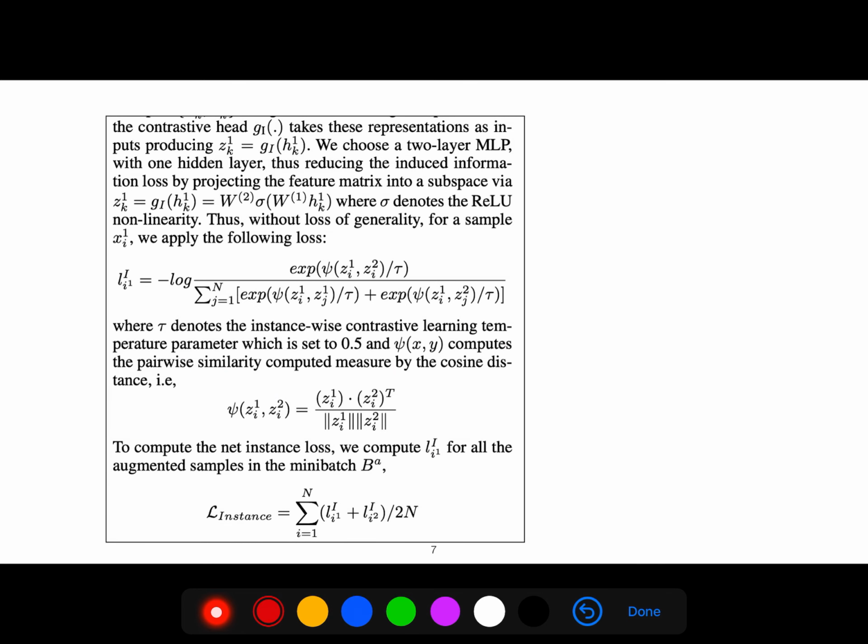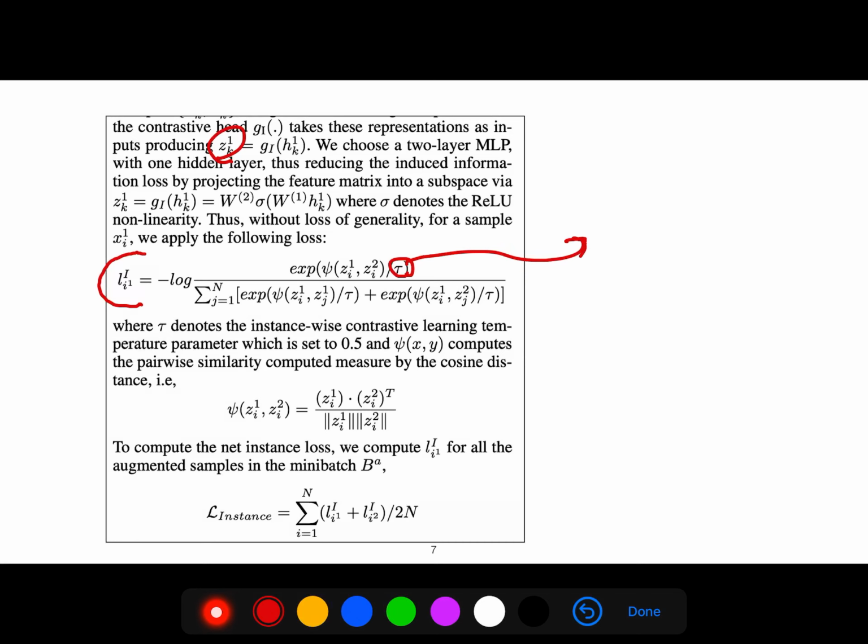So the contrastive head takes the representations as input and produces these z. We choose a 2-layer multi-layer perceptron with one hidden layer. Without loss of generality, we apply this loss, and tau here is a temperature parameter.